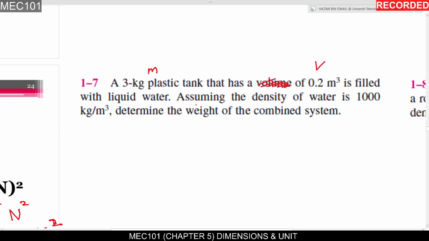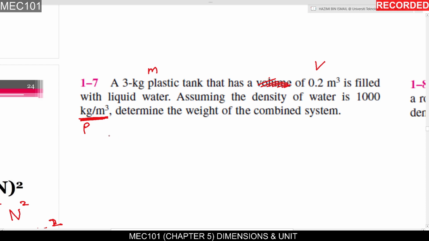Assuming the density of water is 1000 kilogram per meter cube, the unit here shows that this value 1000 is the density, the symbol of density. So determine the weight of the combined system.